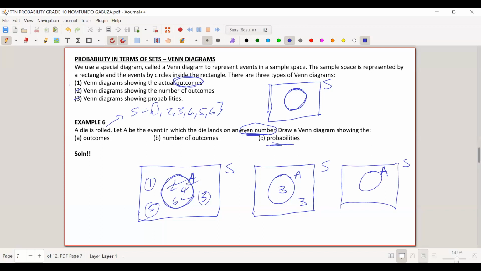So the probability of A occurring, our event occurring, is 1/2. We've already calculated this in example 1. Over here we have 1/2, or 0.5. We can represent it in a Venn diagram using this method.